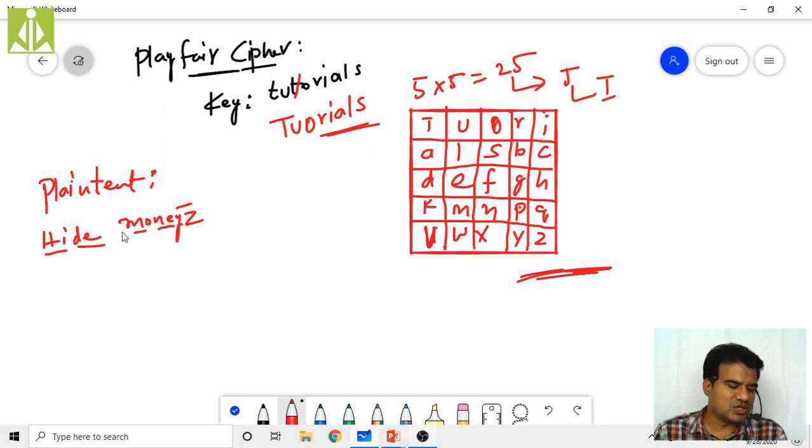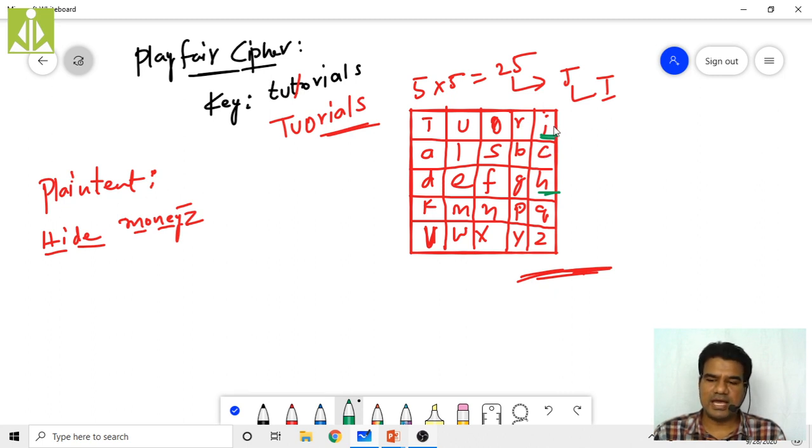Hopefully you understood. So now, after forming the pairs, we put these characters in this table. So we have HI. Where this H is, here we have this H, and where this I is, here we have this I. If they are coming in the same column, we simply have to select the character down to the character we got inside the key table.